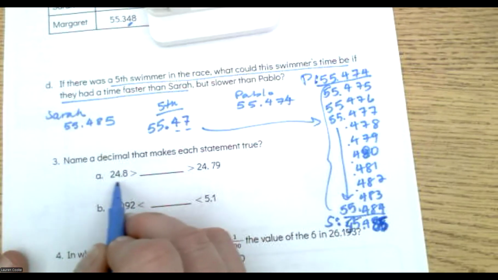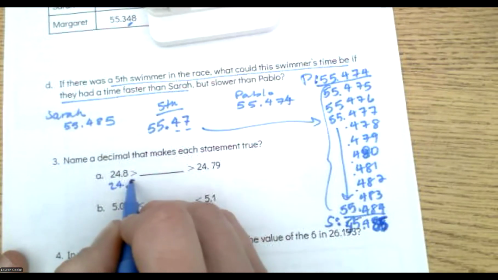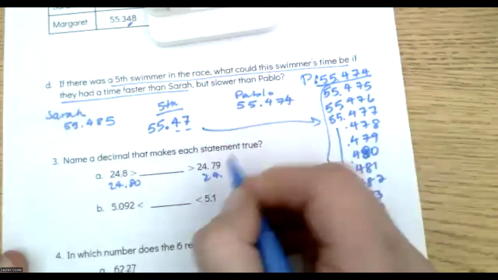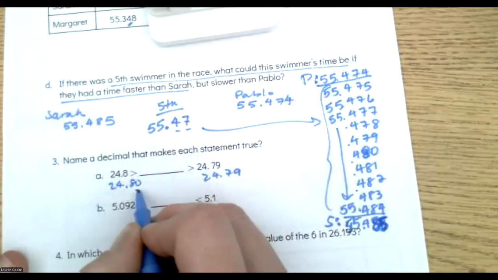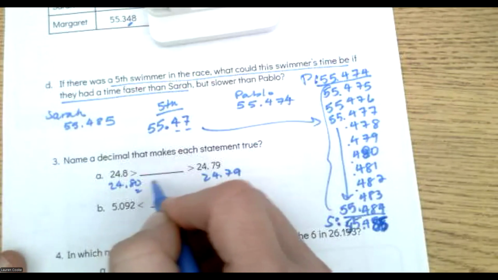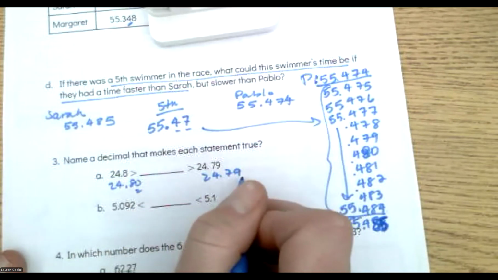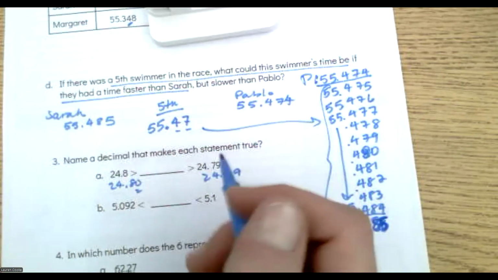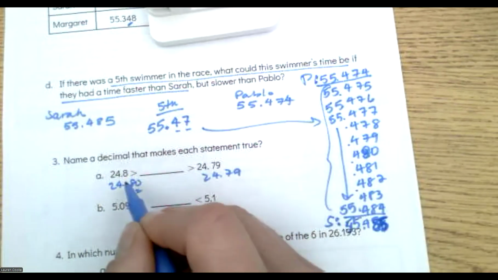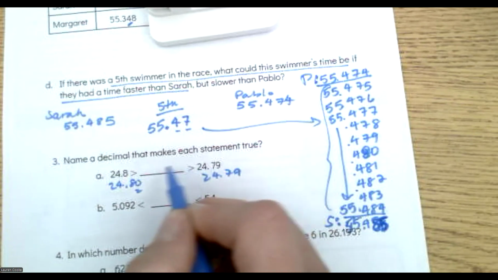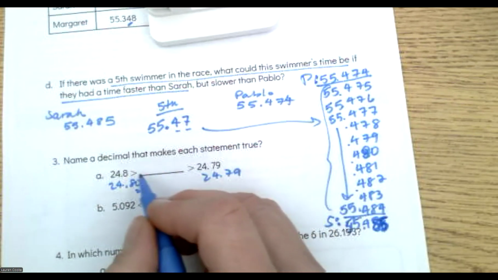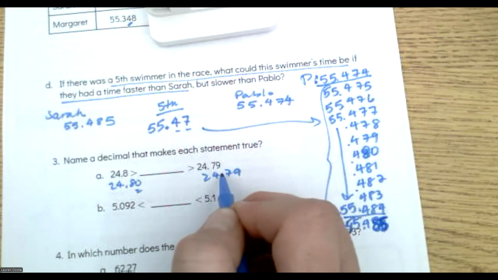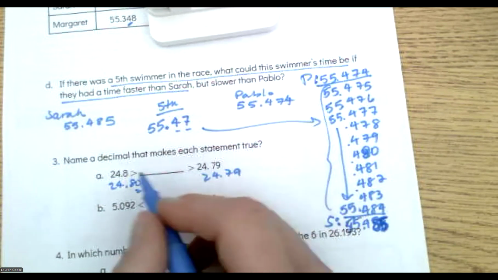So something bigger than 24 and 80 hundredths and 24 and 79 hundredths. And I added the 0 for it to make sense. So I can have any number. I need it to be bigger than this. Well, this is already bigger than this. So this is okay.